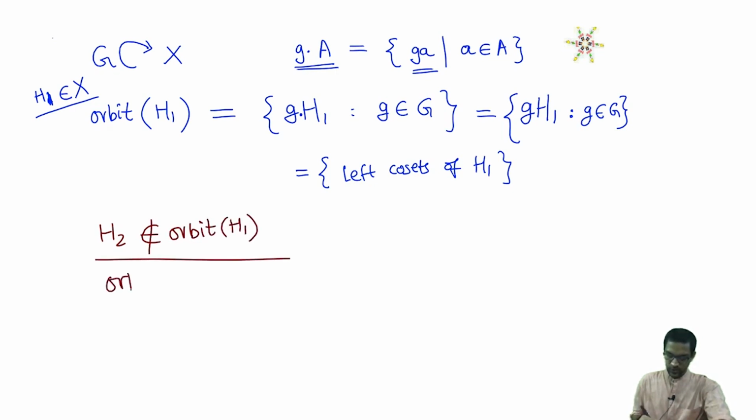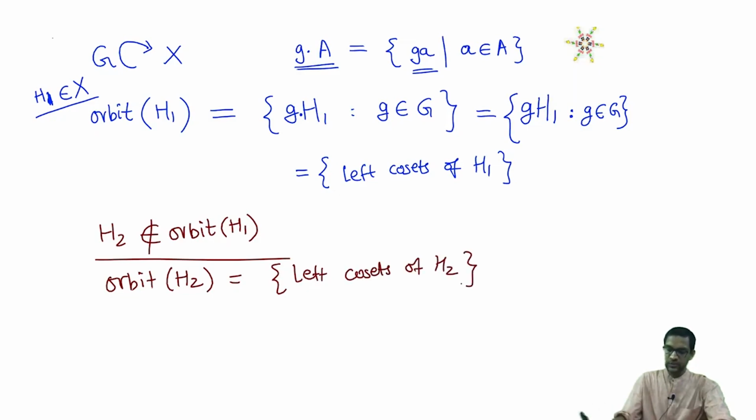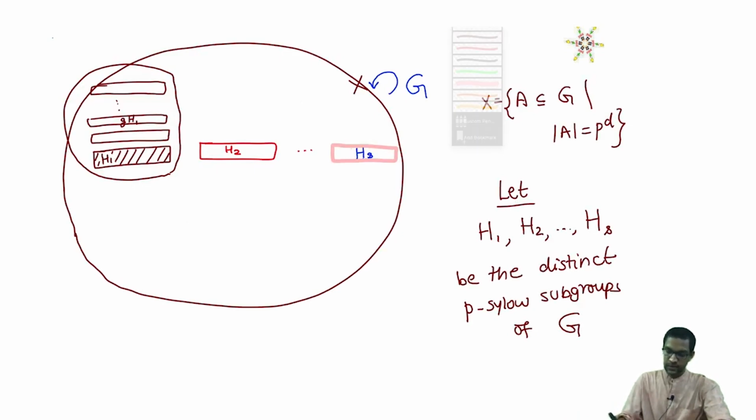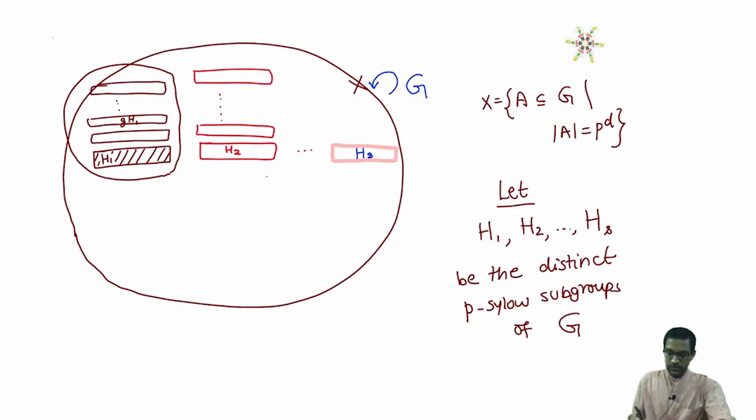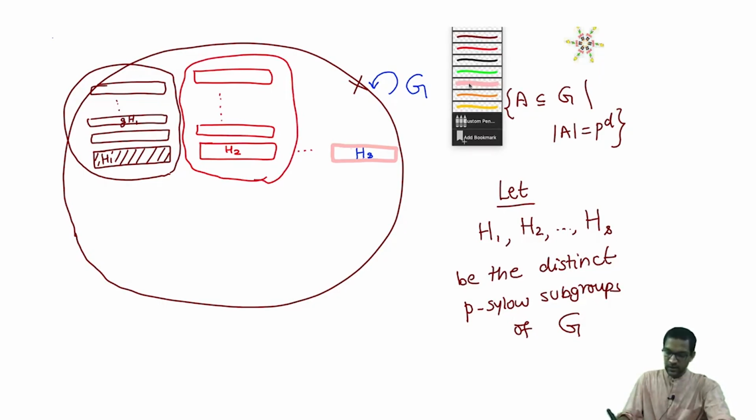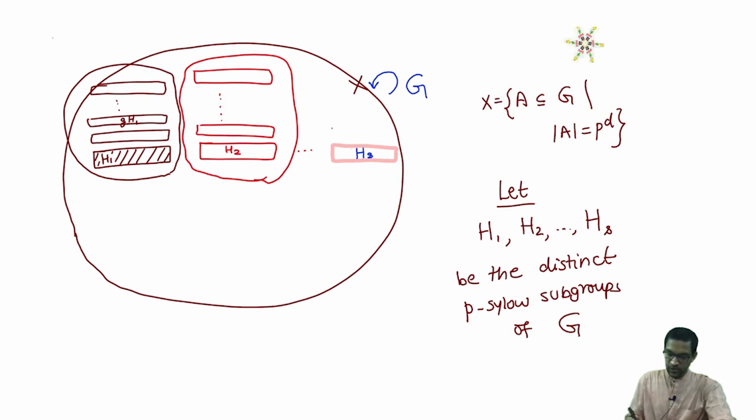So H2 is in a separate orbit. Look at the orbit of H2. What's that? Well, by the same token, this is just the set of all left cosets of H2, and so on. So you keep going this way. These left cosets here are the orbit of H2 under the group action. And so on until you reach the very end, and the orbit of Hs will just be its left cosets.